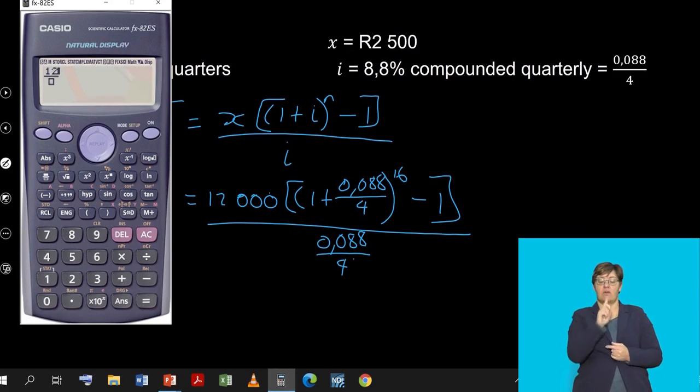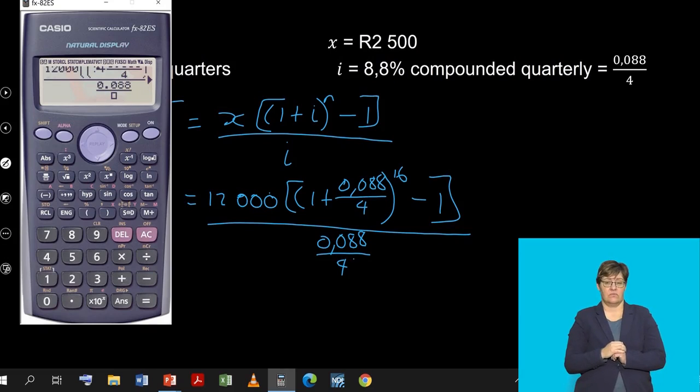On my calculator, this will be 12,000, open the brackets, 1 plus 0.088 over 4, raised to the exponent of 16, minus 1, close the bracket, over 0.088 over 4.